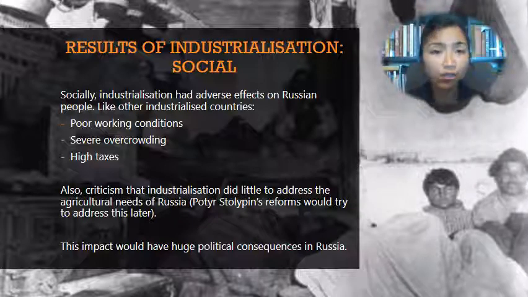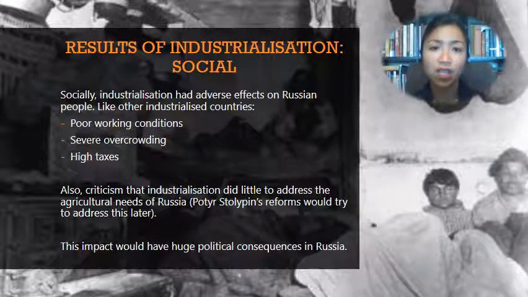There is also criticism that the industrialization didn't do enough to address the agricultural needs of Russia. Russia was still really backward and still using really backward ploughing techniques to work the land, really labor intensive.